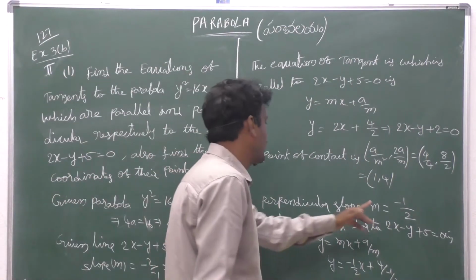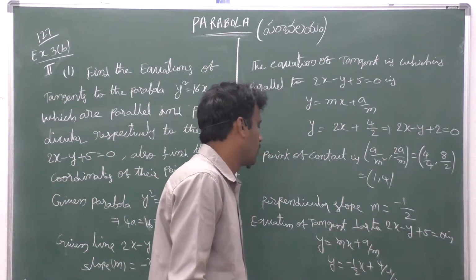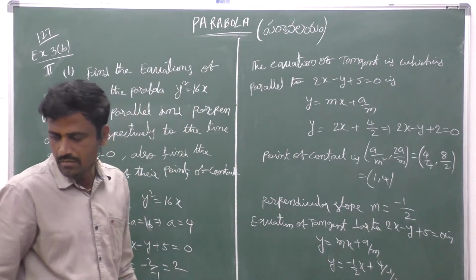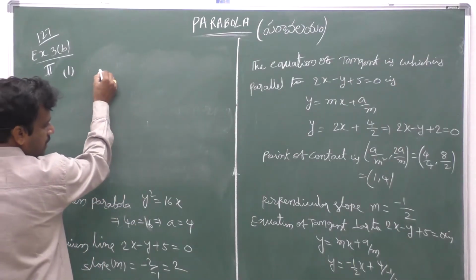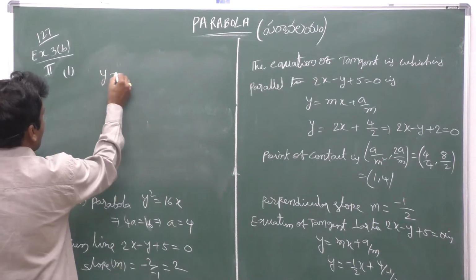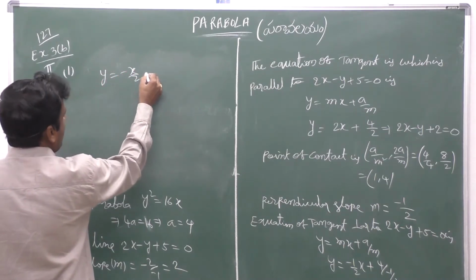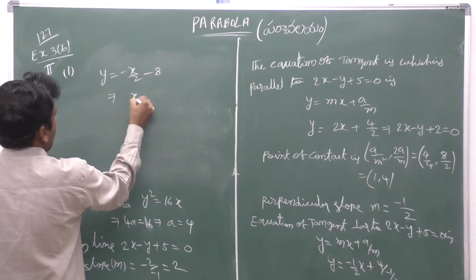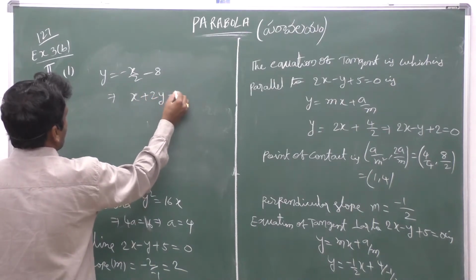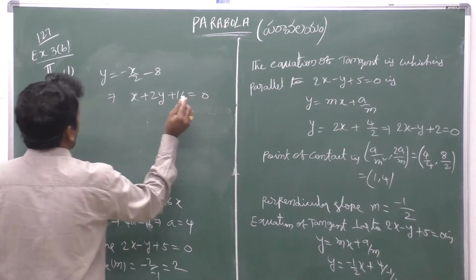M means minus 1 by 2, a is 4. Therefore y equal to minus x by 2 minus 8. That is x plus 2y plus 16 equal to 0.